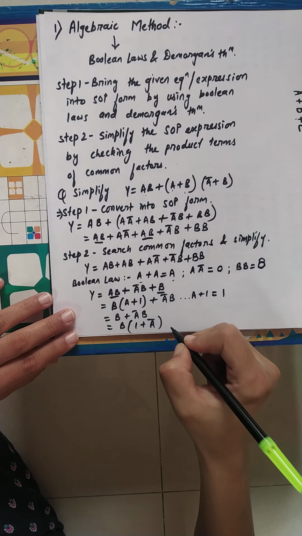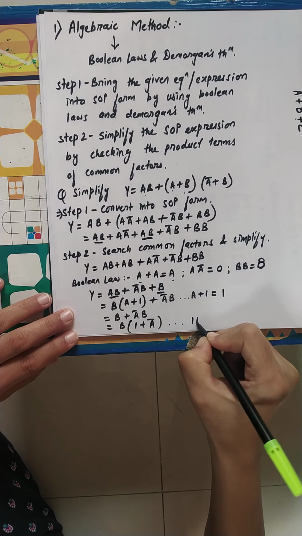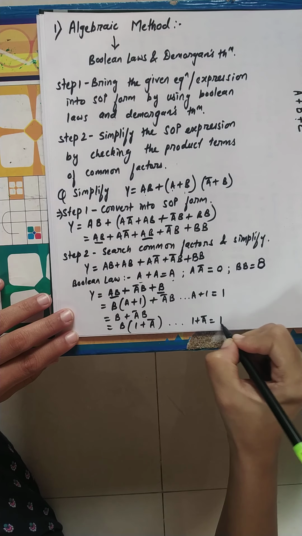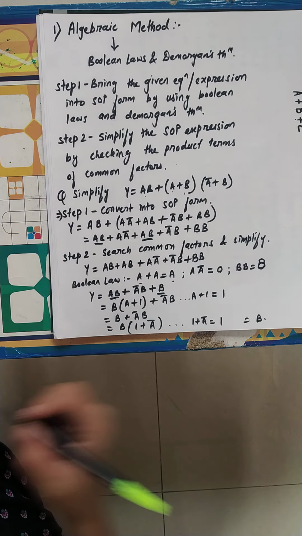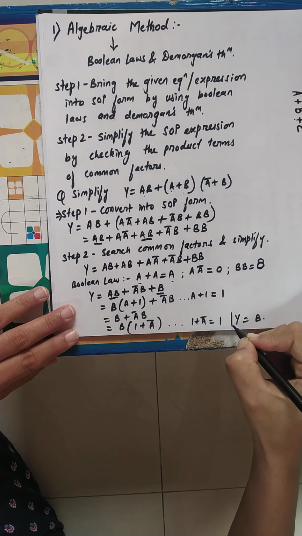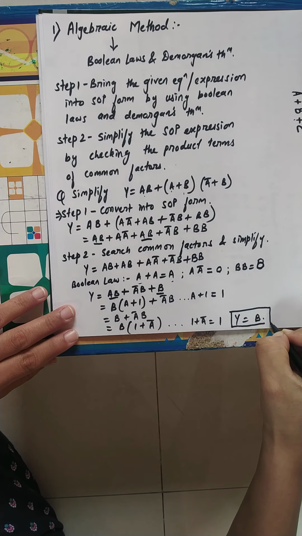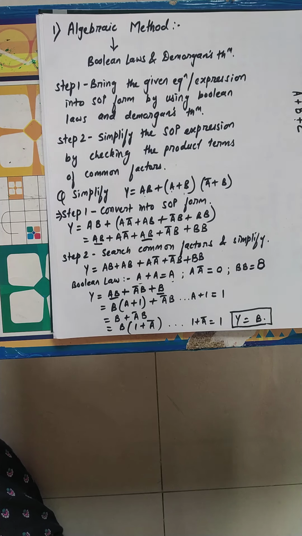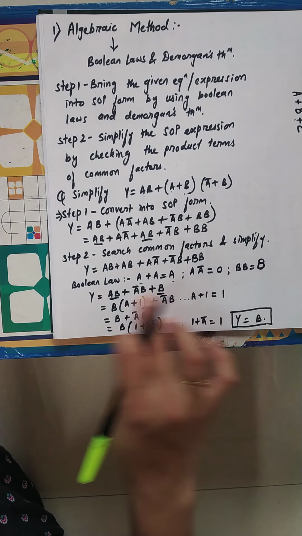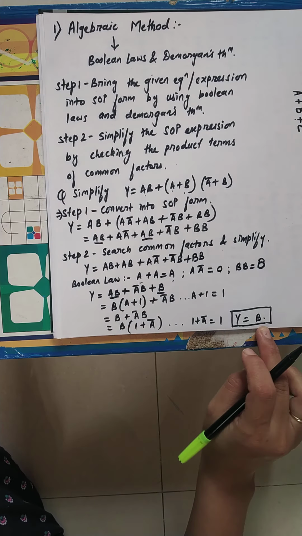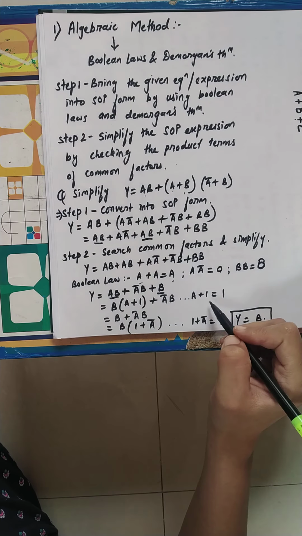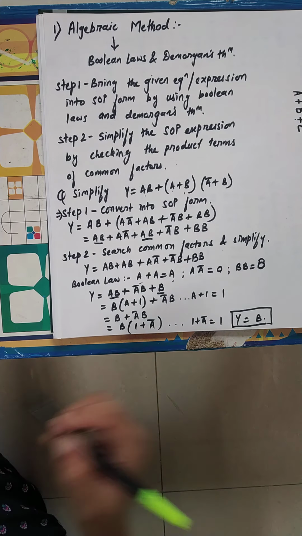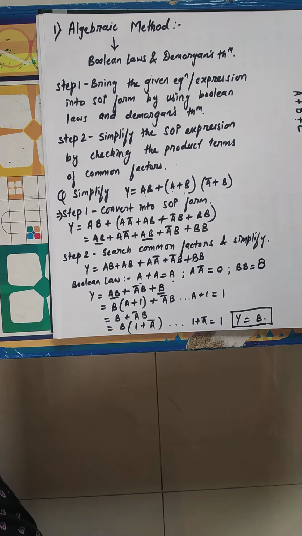Here again, as per Boolean law, 1 plus A bar equals 1, so I can simplify this equation and I'll get B, right? This is the equation I got after simplifying using the algebraic method. Here I used lots of Boolean laws to simplify this equation; you can see three laws, then this is the fourth and this is the fifth Boolean law I used. So that is your algebraic method.